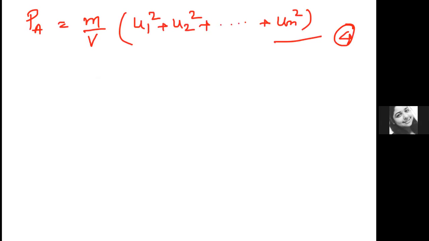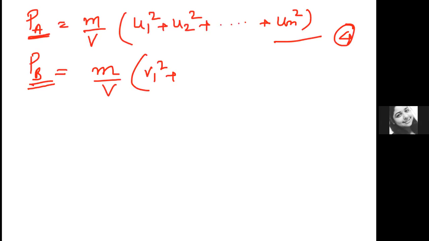Similarly for face B, I can write for face B perpendicular to the y-axis now. This was perpendicular to my x-axis. This should be perpendicular to my y-axis, and hence the pressure would be M by V into V1 square plus V2 square plus dot dot dot Vn square.